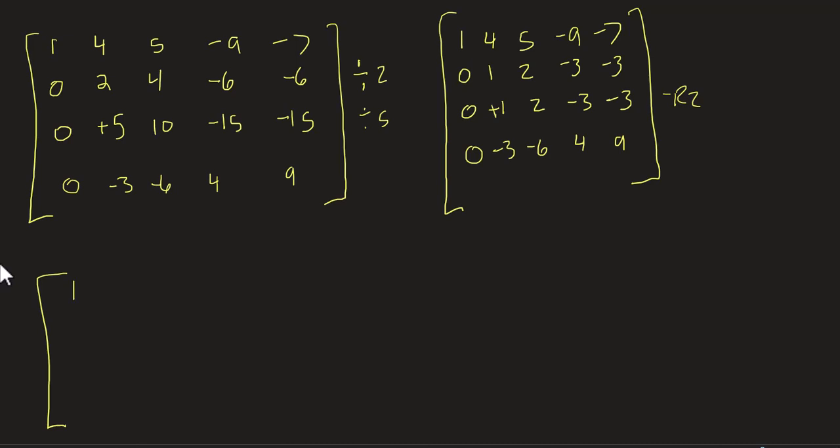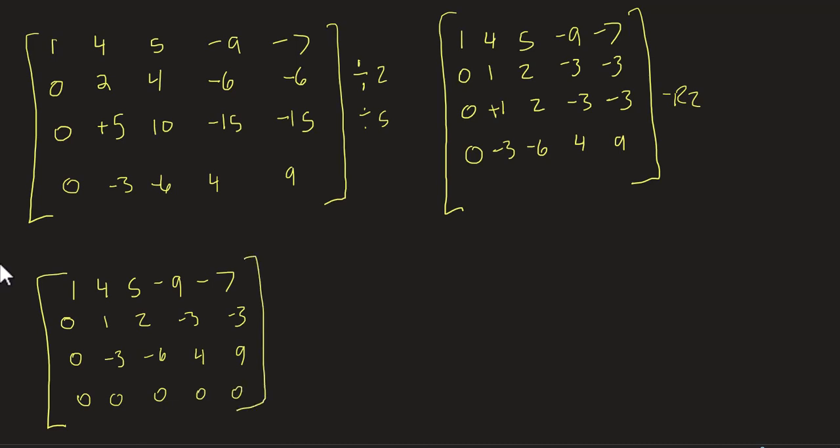So I'll have 1, 4, 5, negative 9, negative 7, 0, 1, 2, negative 3, negative 3, 0, negative 3, negative 6, 4, and 9, and 0, 0, 0, 0, 0.